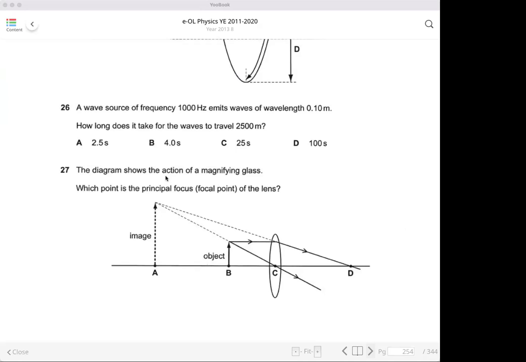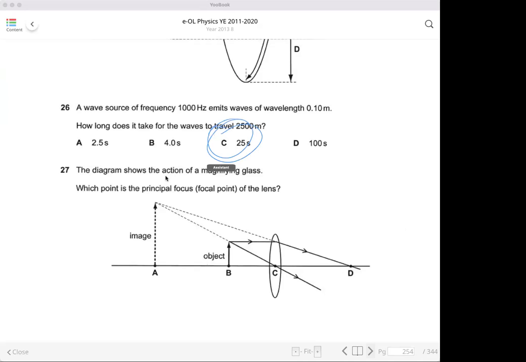Okay, Ryan and Bei Kuan, what's your answer? Bei Kuan, well done. Ryan, well done. So we all got it correct.